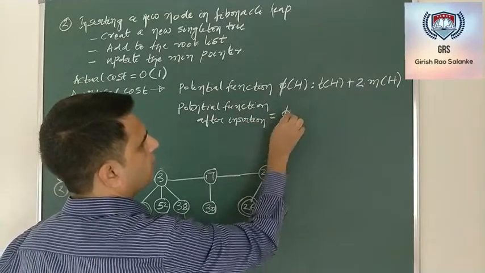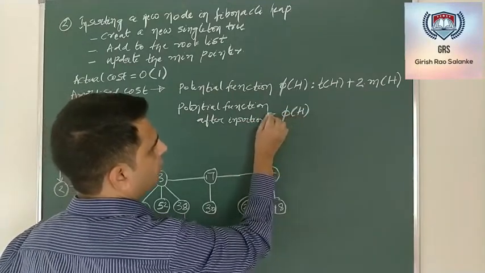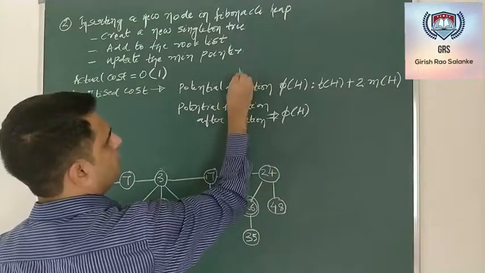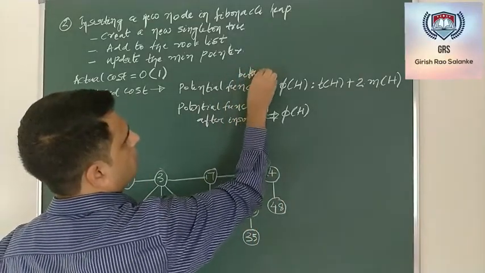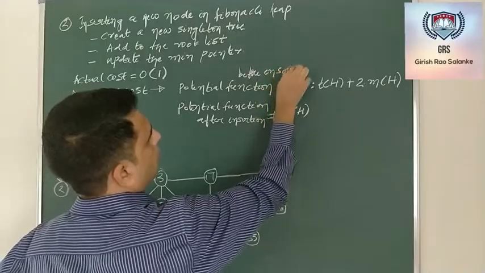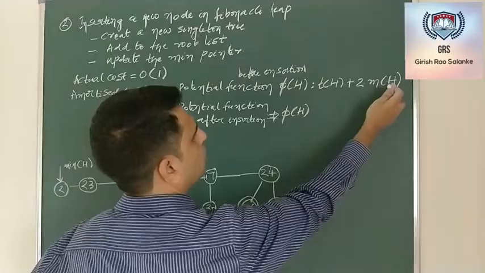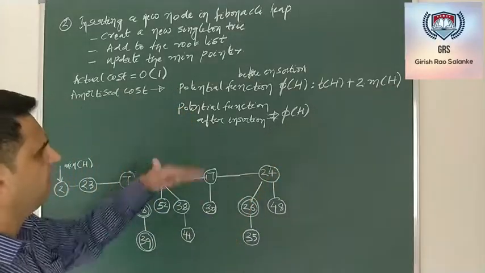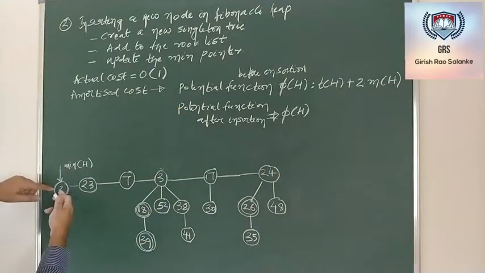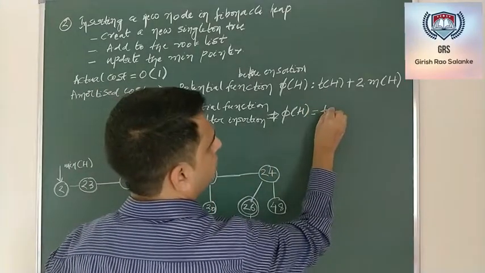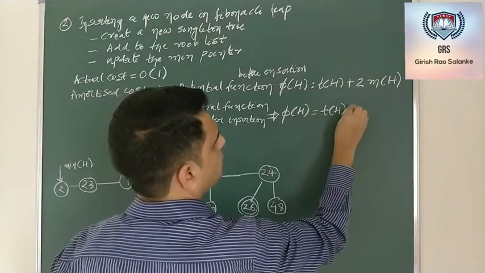Now, if you note, this was the potential function before insertion: t of h plus 2 times m of h. Now after inserting, we have added a new node to the root list. In the sense, t of h is increased by 1. So this becomes t of h plus 1.